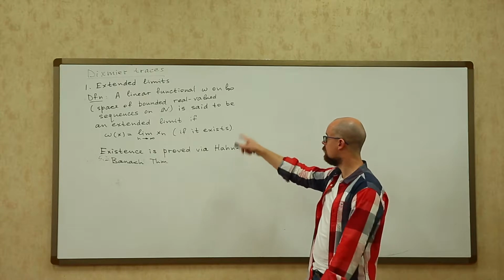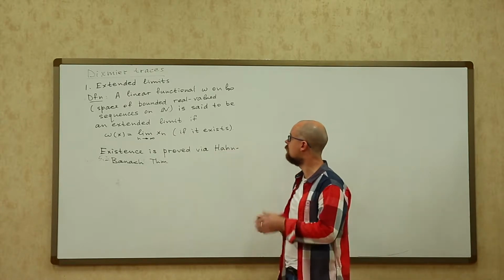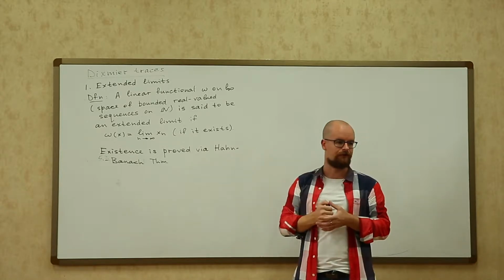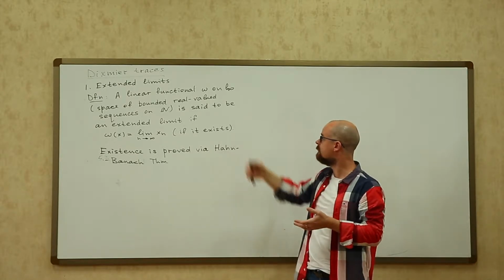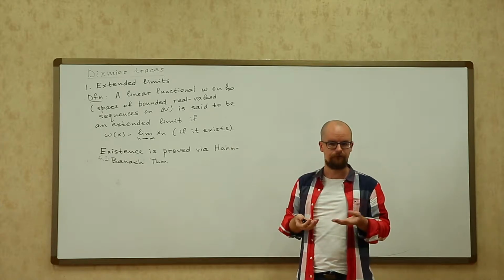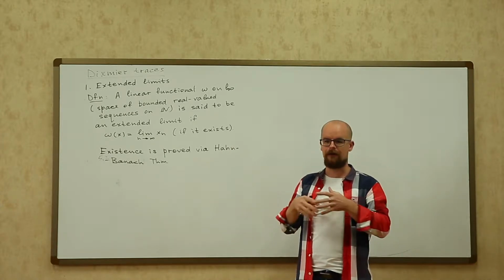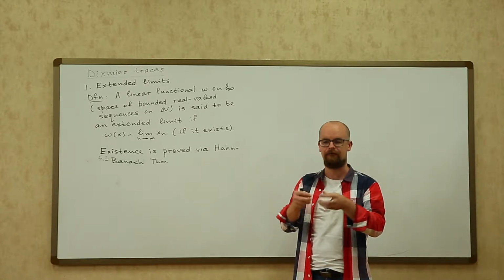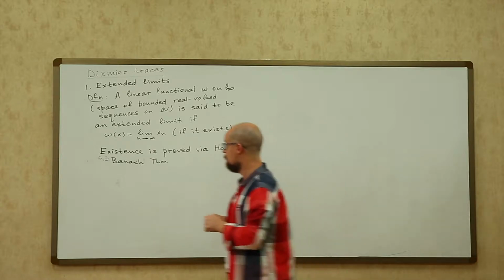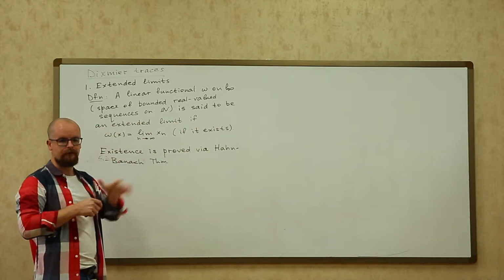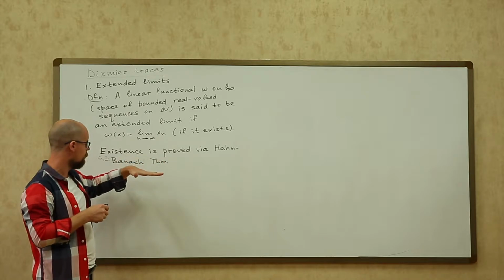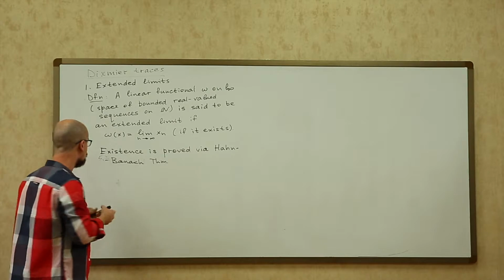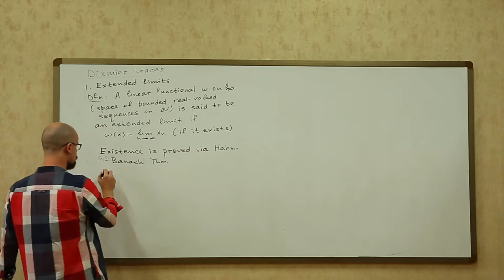So since the existence of extended limits is proved via the non-constructive Hahn-Banach theorem, all of these guys, the extended limits, are non-constructive. So there are plenty of them, but we do not have a direct access to them, so we do not have a formula for them. But anyway, let's speak about some examples of them, and before that, we start with a simple property of extended limits.